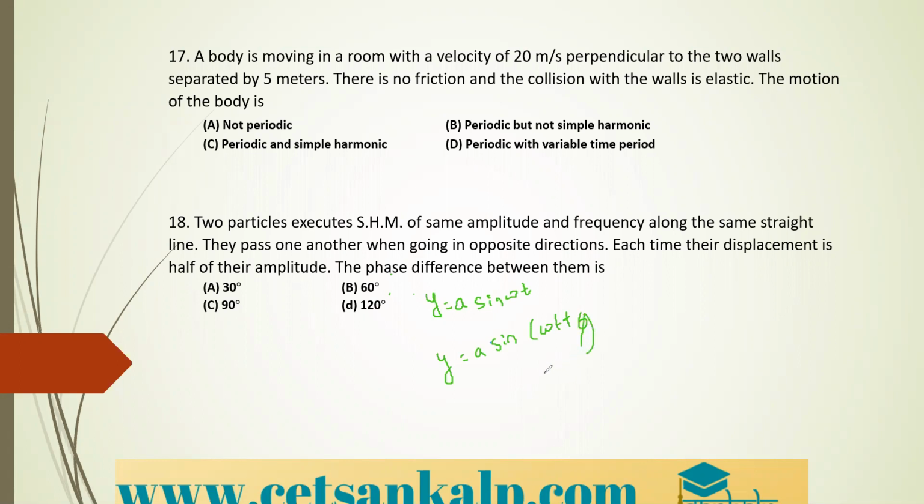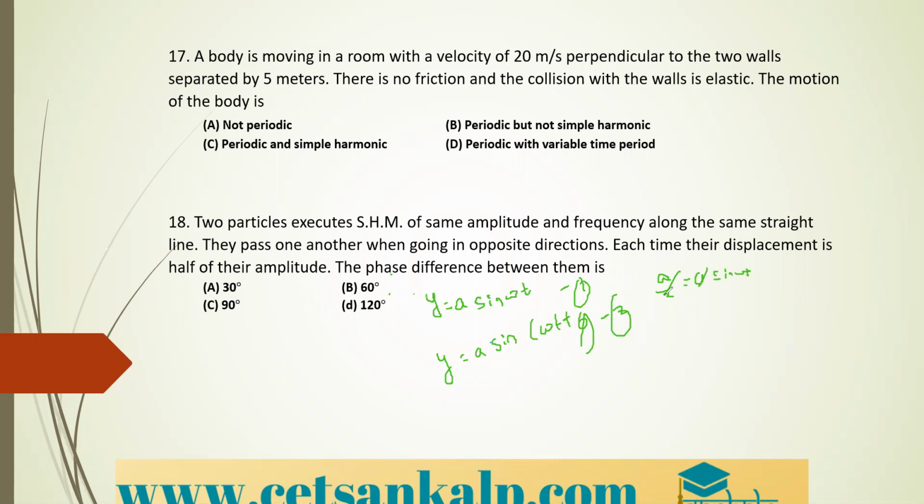Here in the first case, what have they said? Their displacement is half of their amplitude. So I can name this equation 1 and this equation 2. In the first case, in equation 1, we can write a by 2 is equal to a sine omega t. A will get cancelled. Therefore, 1 by 2 is equal to sine omega t.